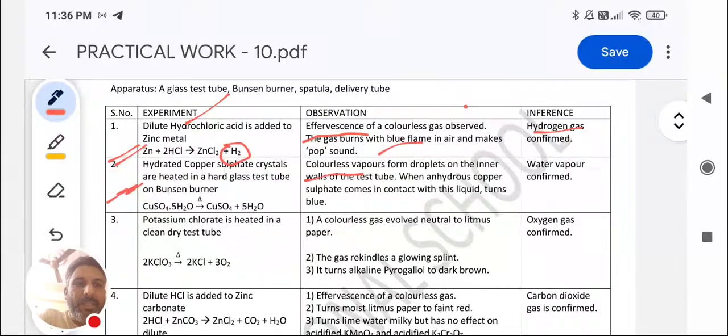And when you send this water vapor through anhydrous copper sulfate again, that anhydrous copper sulfate will turn back to blue color. That means when you add water to anhydrous white copper sulfate, it will gain its blue color. So that is the confirmatory test for water vapor or water.